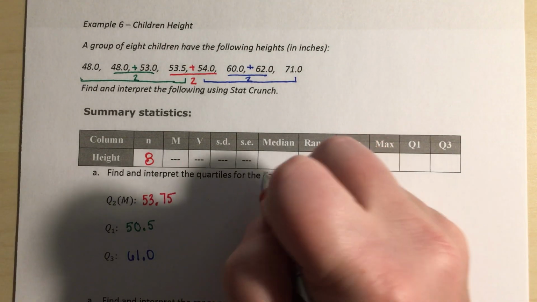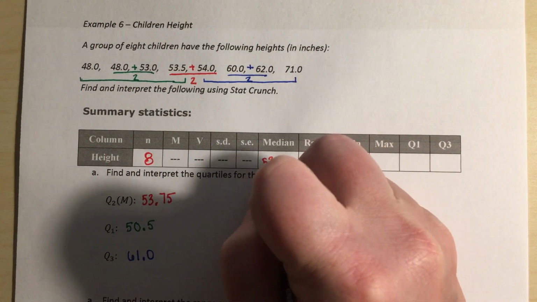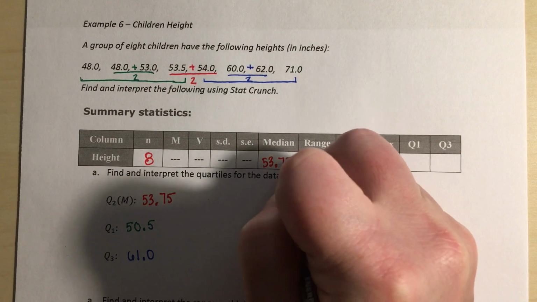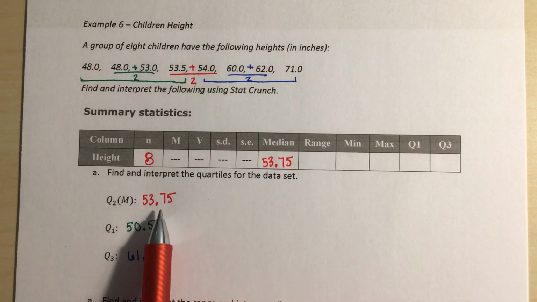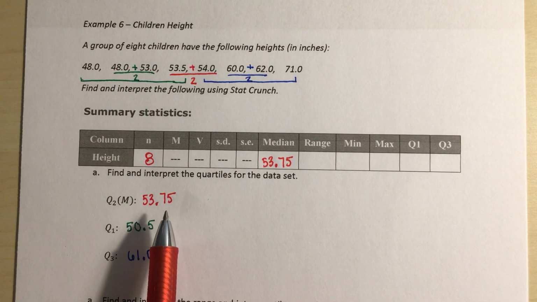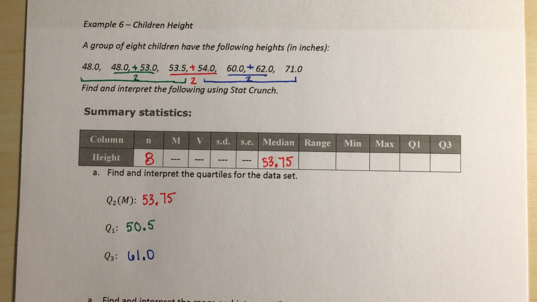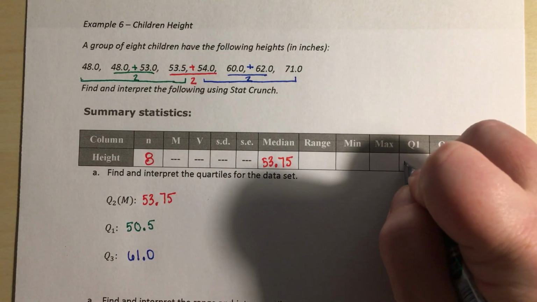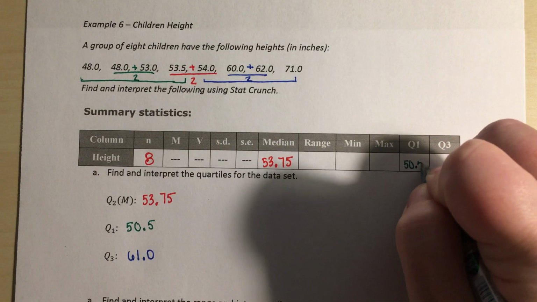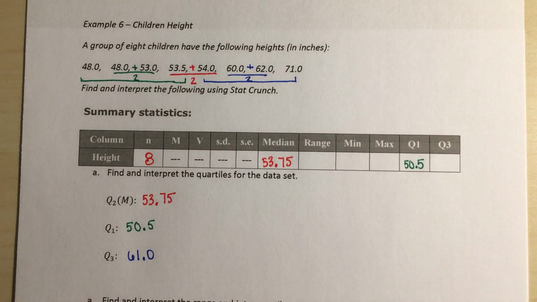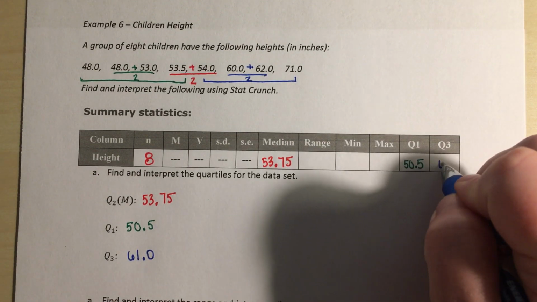Our median is this 53.75. The median that we get from StatCrunch would match up exactly with that value that we have there. Our Q1 is 50.5. Right, so that's another value we can get using StatCrunch. Our Q3 is 61.